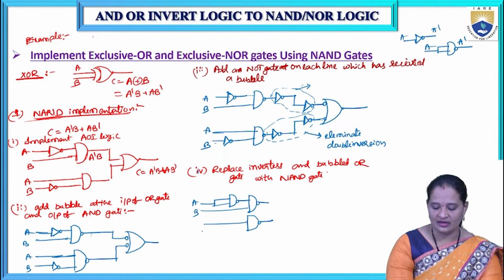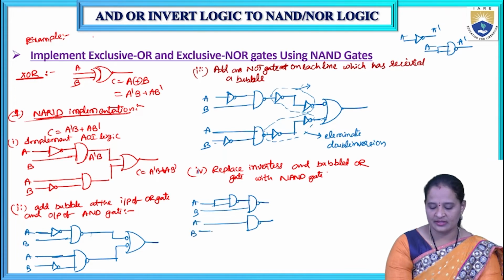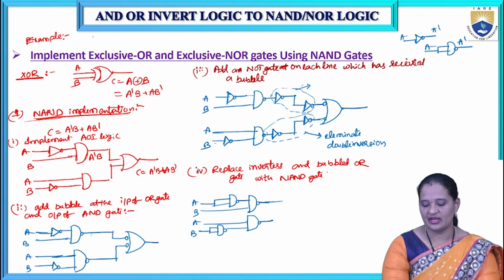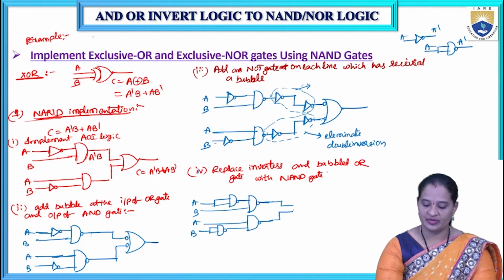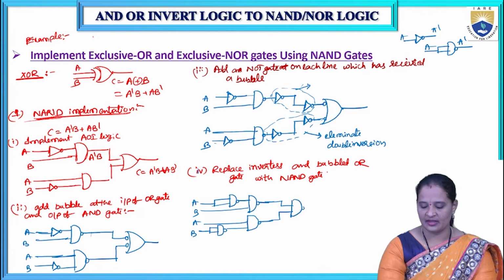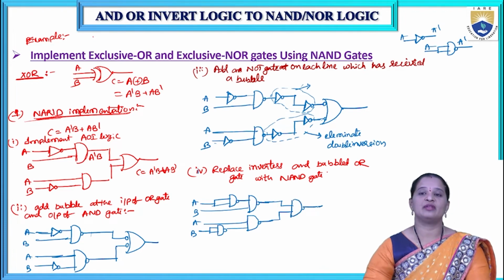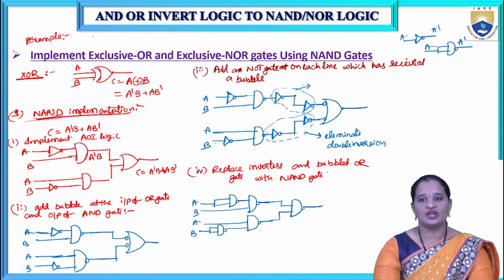Here this is A, this is B, and we have an inverter here. Then we have eliminated the double inversion, so no need to place any inverters here, and this bubbled OR gate should be replaced with a NAND gate again. So this is the implementation of the exclusive OR gate using NAND gates.